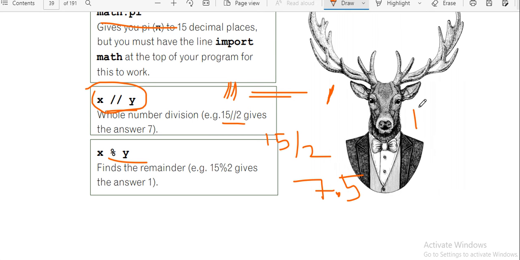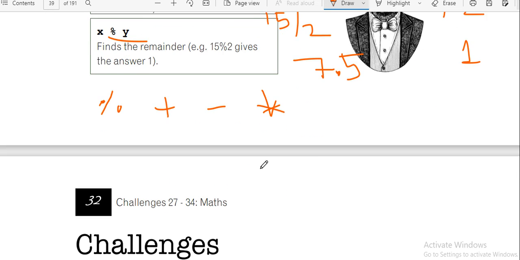And if you write 15 percentage 2, it will give you 1 as output. And the rest of the operators are the same in Python, that is percentage, plus, minus, multiply, all these are the same, but only this double slash is different in Python.